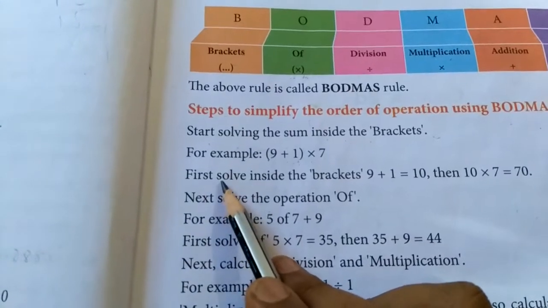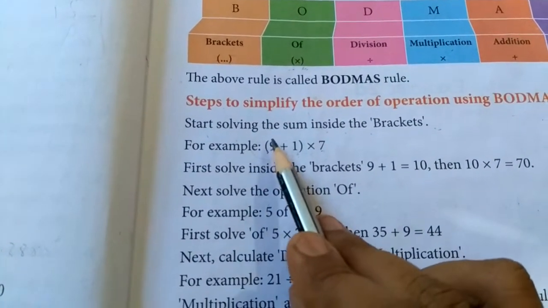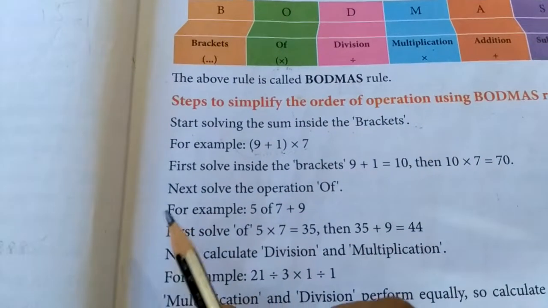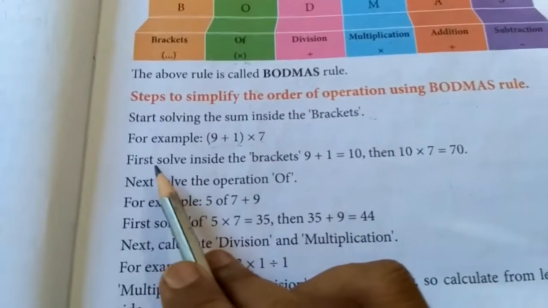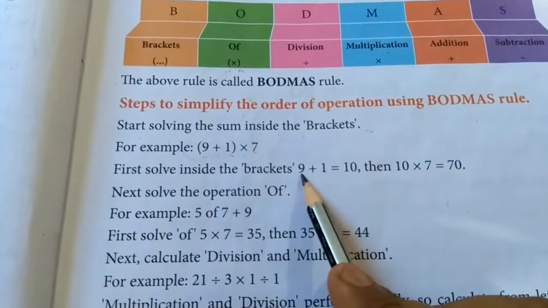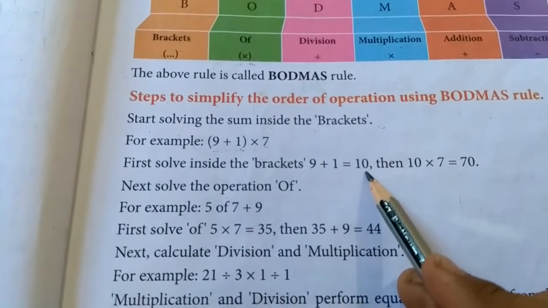So we have to start solving this sum from inside the brackets. Whatever is given inside the brackets, first we have to solve that part of the question. So as you can see over here, first solve inside the brackets, that is 9 plus 1. 9 plus 1 is equal to 10.